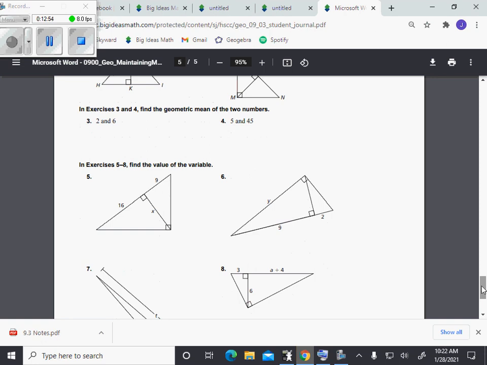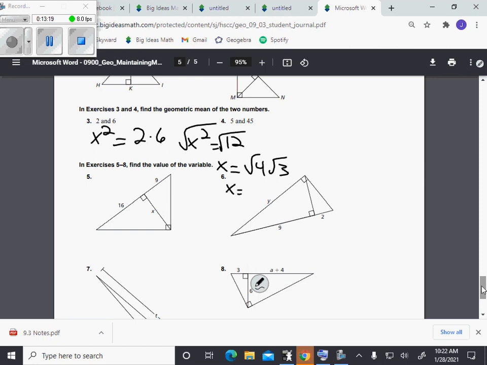We want to find the geometric mean of these two numbers. So the geometric mean is x squared equals 2 times 6. Okay, multiply 2 times 6. We get x squared is equal to 12. The square root of 12 is x equals the square root of 4 and the square root of 3, which is 2 square root of 3.